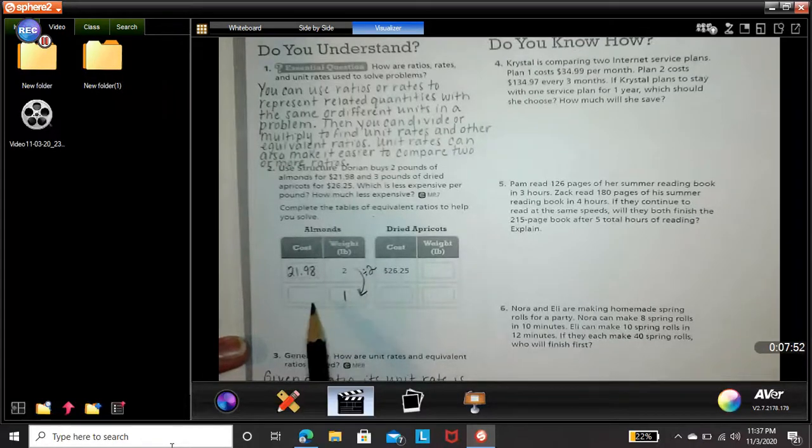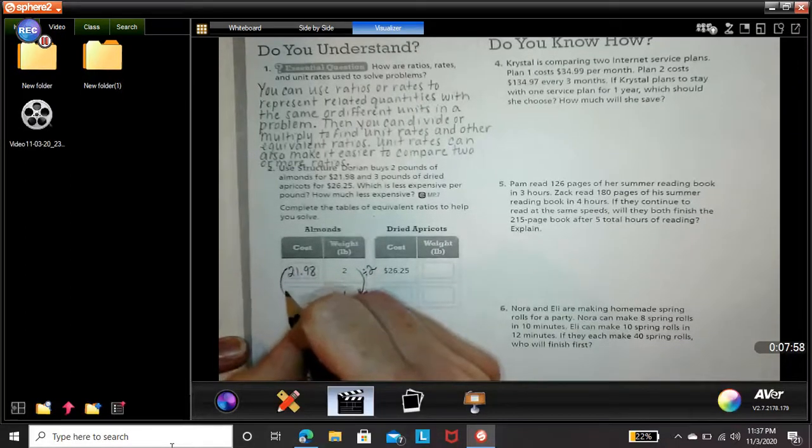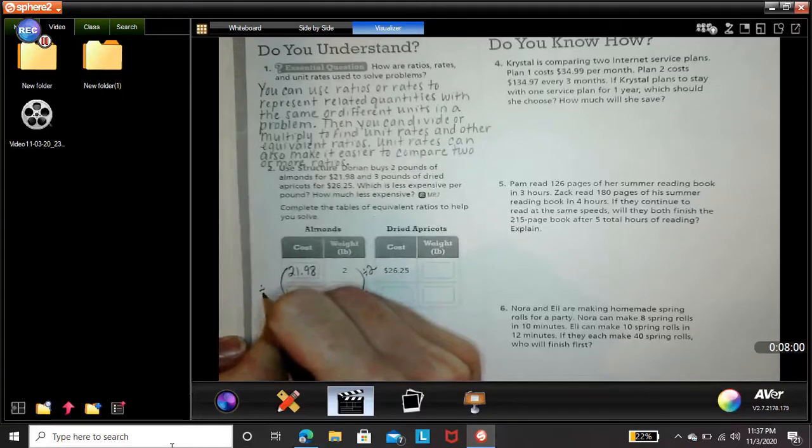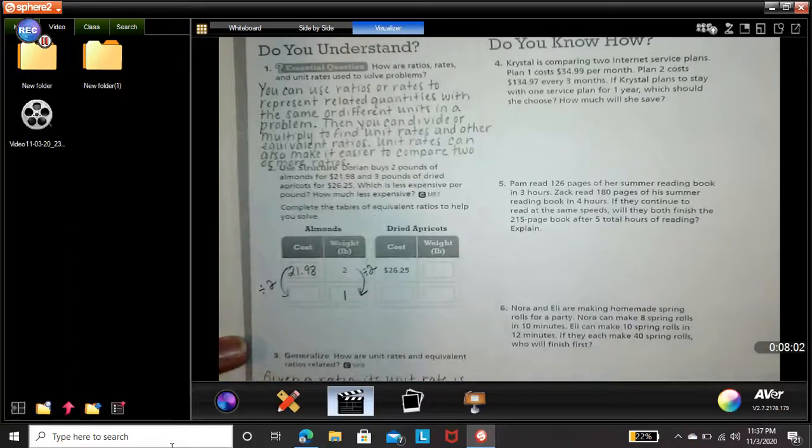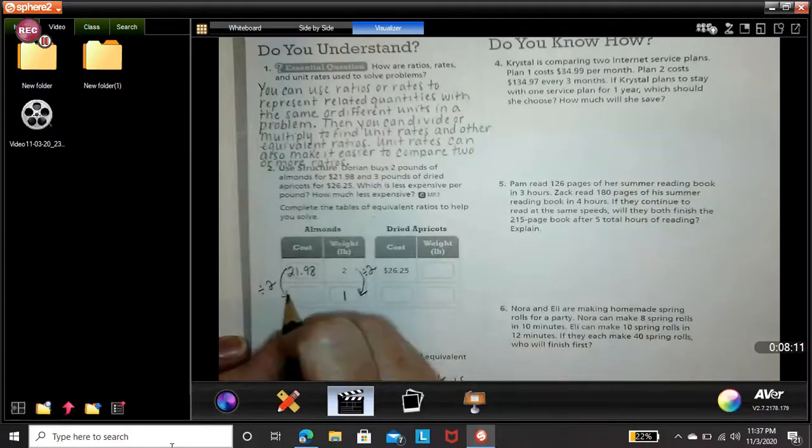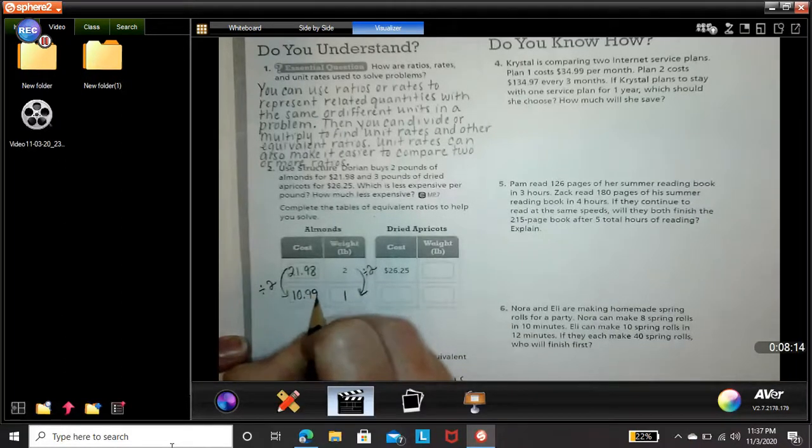So in a table, you have a left and a right. If we divide the right-hand side by 2, we need to follow up by dividing the left-hand side by 2 as well. Using a calculator, you'll divide $21.98 by 2, and you'll get $10.99.